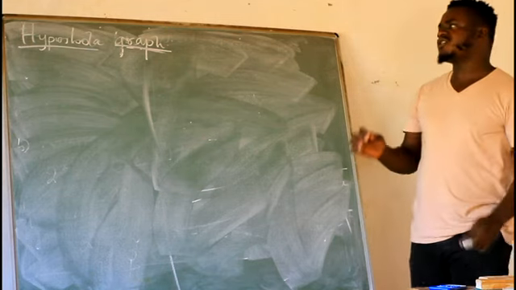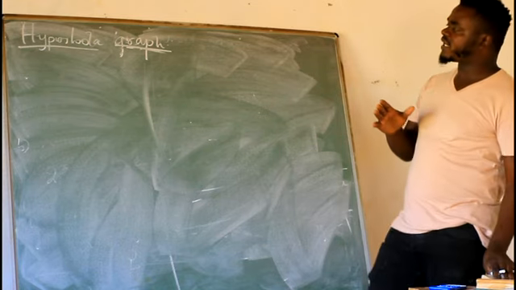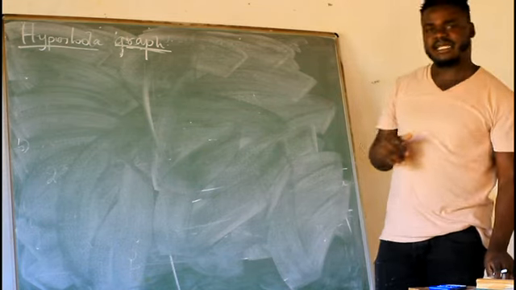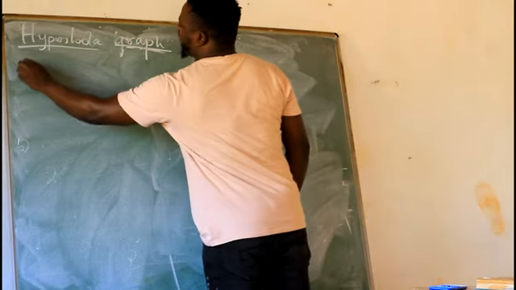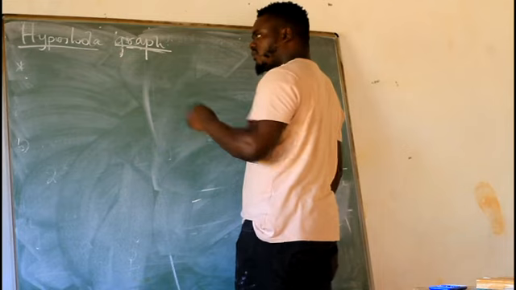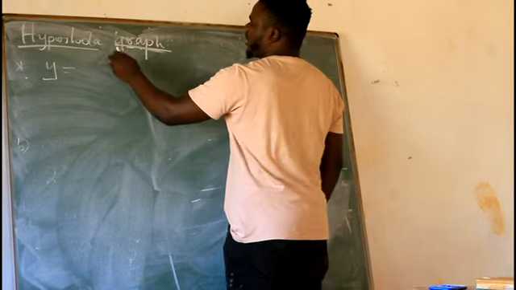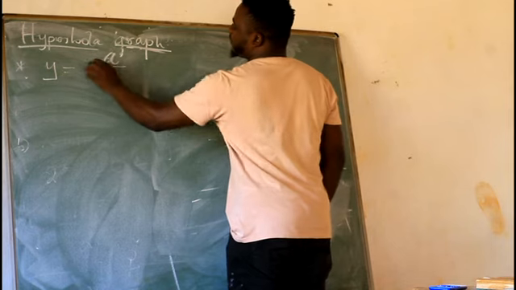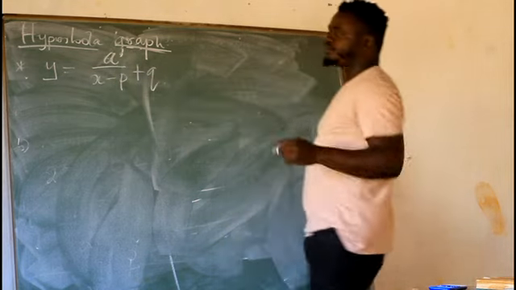Guys, you must always remember each and every graph, I'm repeating, each and every graph has x and y intercept. You must keep that in mind. Now, when we talk about hyperbola, we are going to talk about y equal to a over x minus p, plus q.